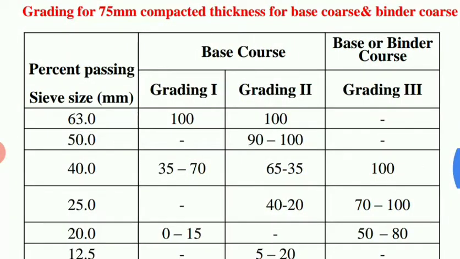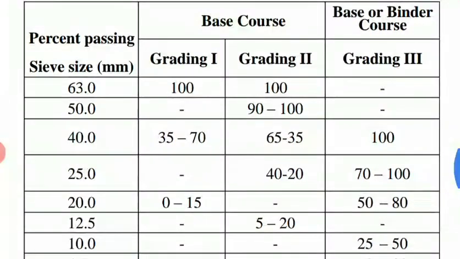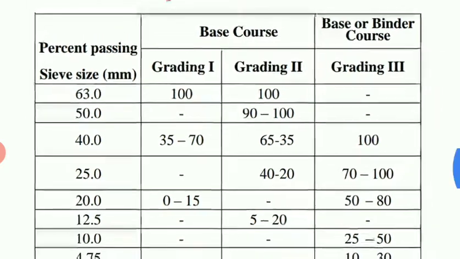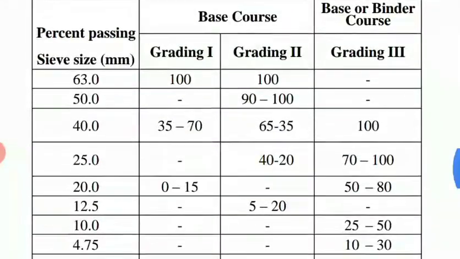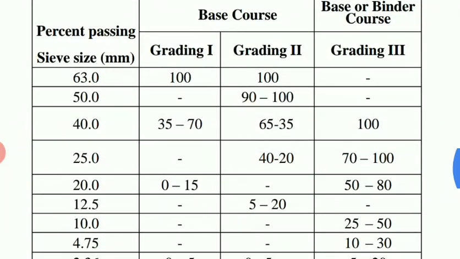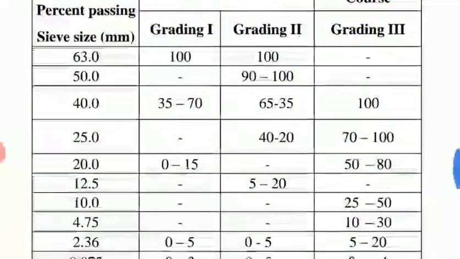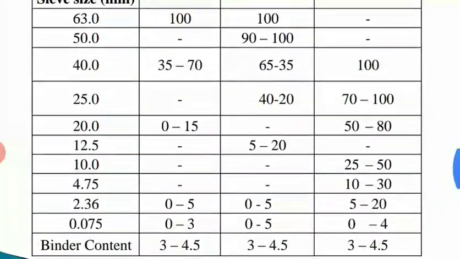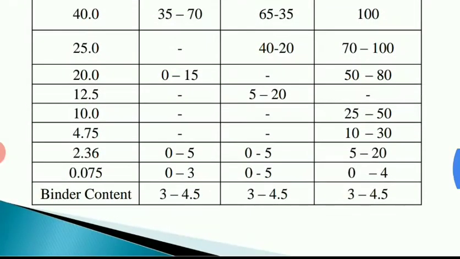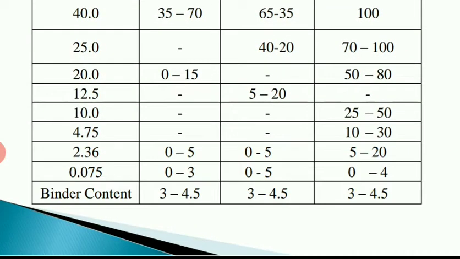So here also we should conduct the sieve analysis test, and then at last we'll come to know the percentage of passing materials by the weight of material, right? So we need to select the sieve sizes from 63, 50, 40, 25, 20, 12.5, 10, 4.75, and then 2.36 and 75 micron.